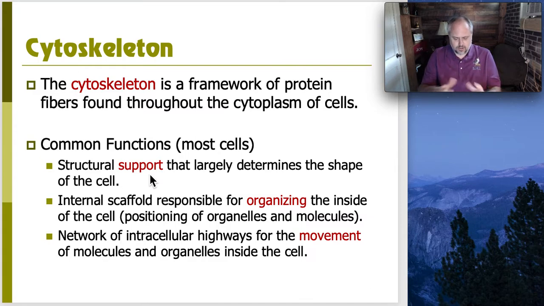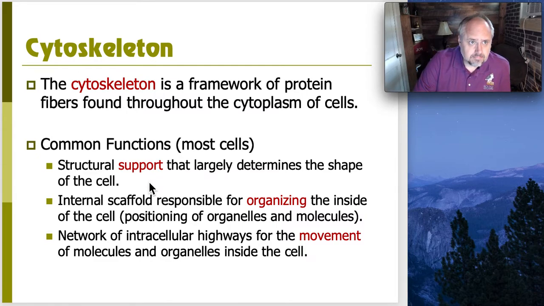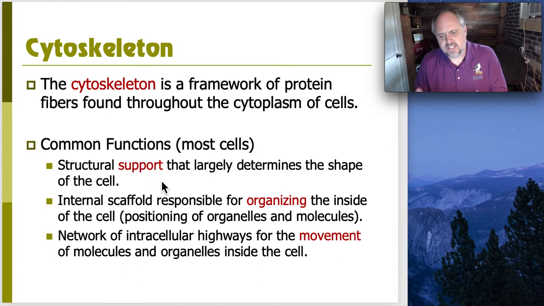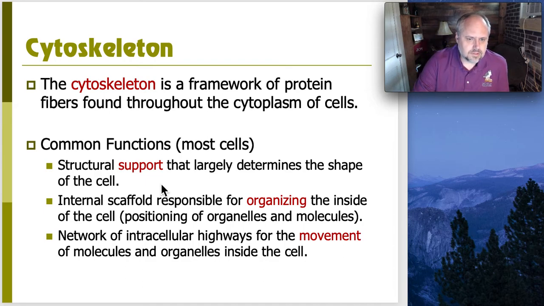So somewhat firm, somewhat not changing in shape very easily, and the cytoskeleton is going to be a really important piece to that characteristic of cells. So the support is largely there to keep cells from being damaged, from being torn apart, from being crushed, and all of that helps the cell maintain its shape and be able to do the things that it's supposed to do in maintaining life.